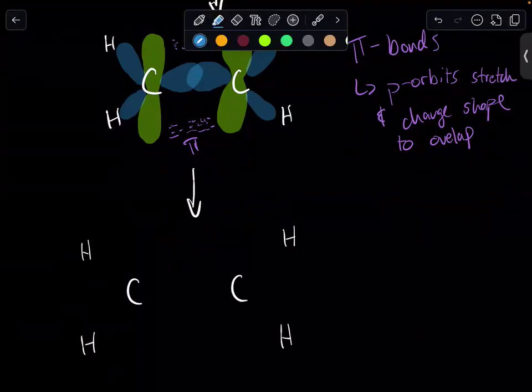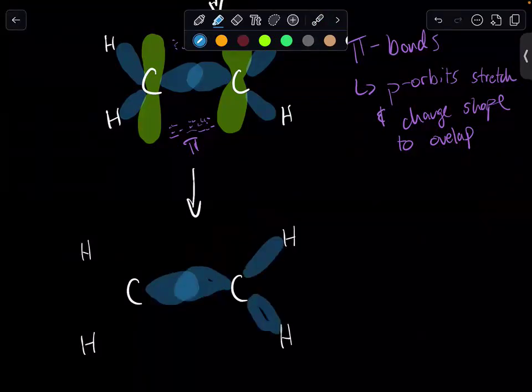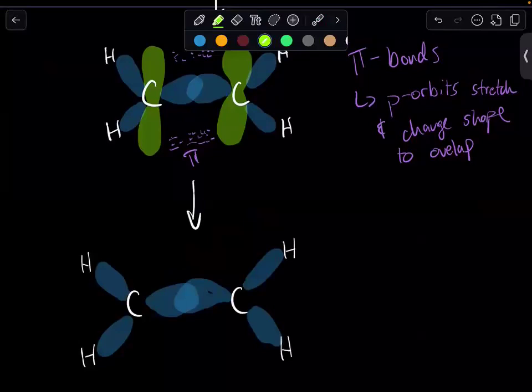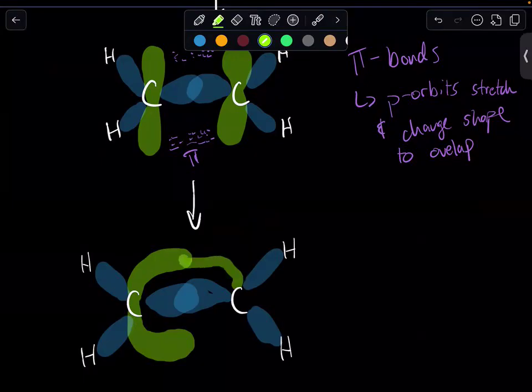So once again, I'll use this blue to represent the overlap, and we'll just start that one over. So we have that overlap there. We have these funky orbitals. But then what I mean by the p orbitals change shape to overlap is we get this almost curving of the orbitals. Now, with this, we are still making sure that we're not going through the bond axis.